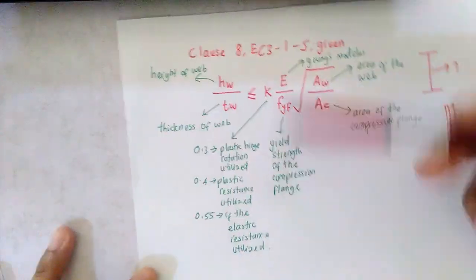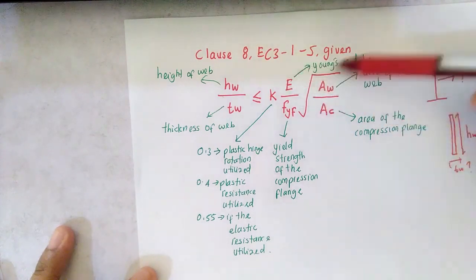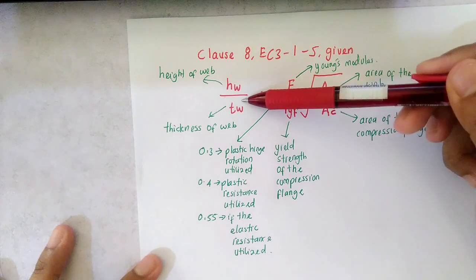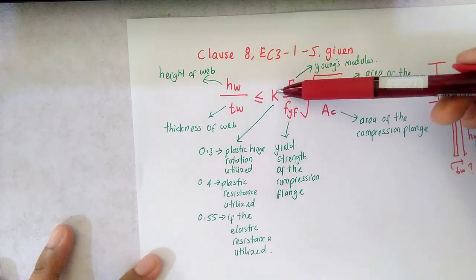So now let's go one by one. What are these parameters? The first one is the height of the web, and this is the thickness of the web. K is based on the section classification of your structure.